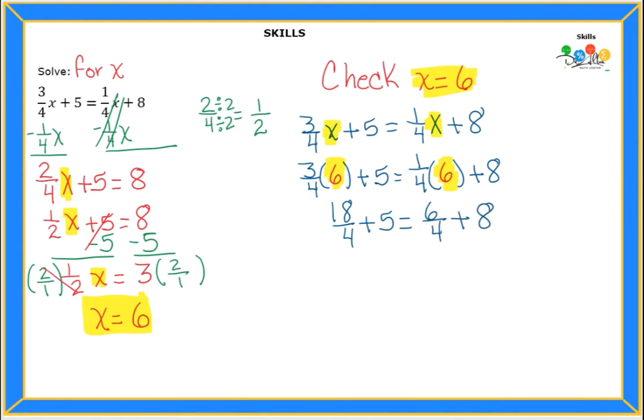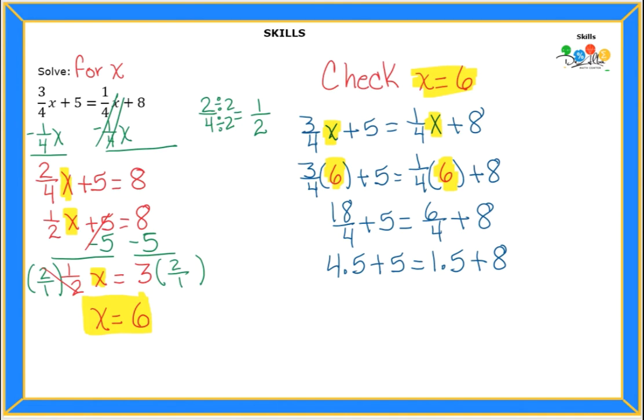What I'm trying to do is finish my question and see if I get the same value on both sides. So 18/4, now I can change it to a decimal. It's okay. This will give me 4.5 plus 5. And 6/4 is actually 1.5 plus 8.